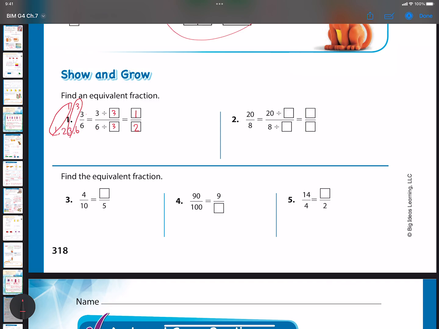Now let's find the common factor of 20 and 8. Since they are all even numbers, the easiest one is 2. Make sense? Yes, because all even numbers have 2 as a factor. Now this is 10, and this is going to be 4.